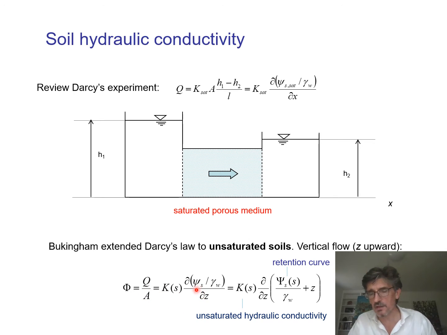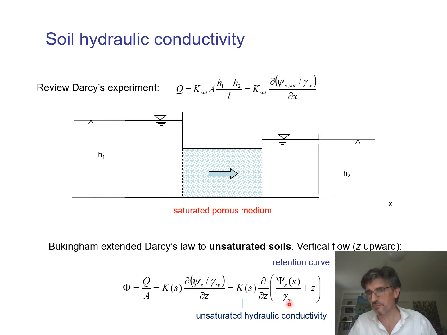But now the soil water potential is that of the unsaturated soil, so it contains the matric potential that changes with soil moisture. If we expand what we have inside here, we have the gravitational component of the soil water potential, and we have the matric potential, which is nothing but the retention curve, matric potential as a function of soil moisture.